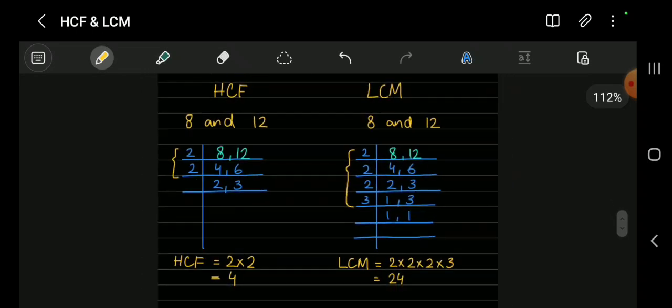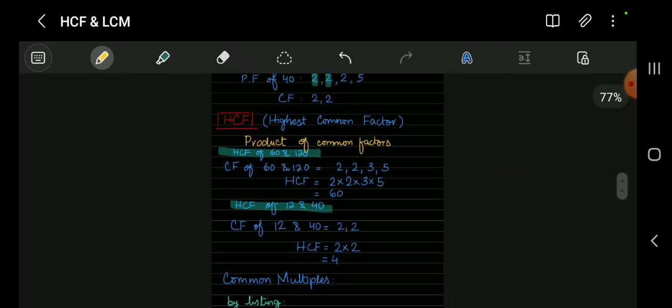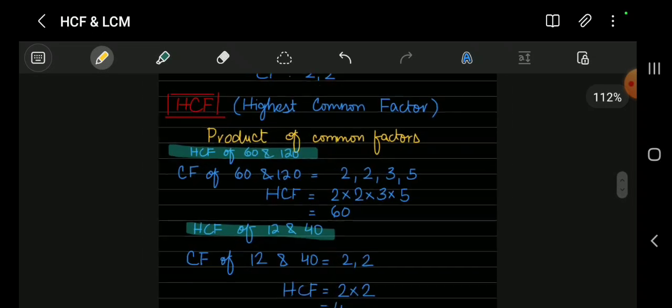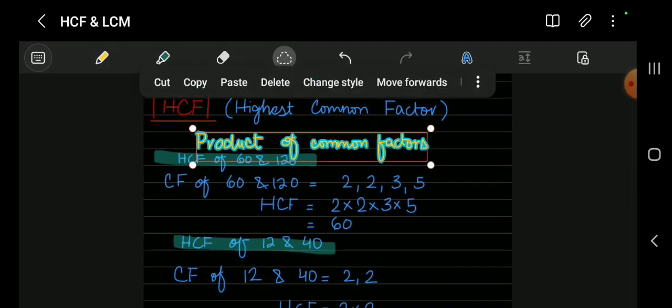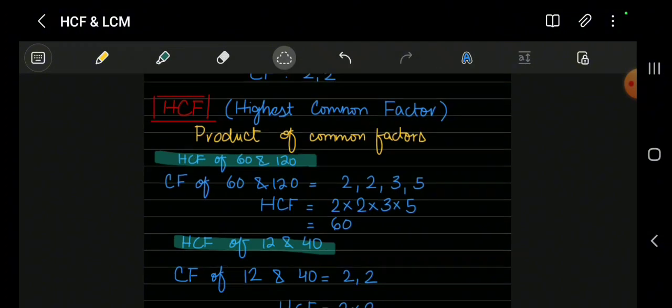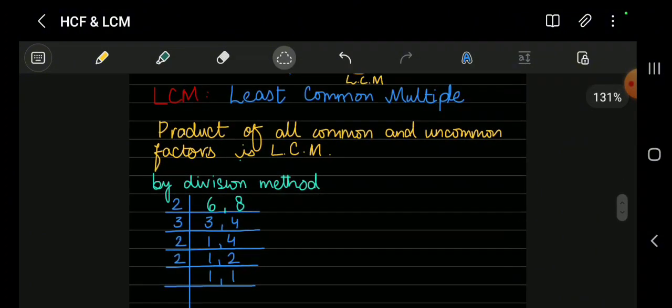This is the difference between HCF and LCM. HCF is the product of common factors. LCM is the product of all common and uncommon factors.